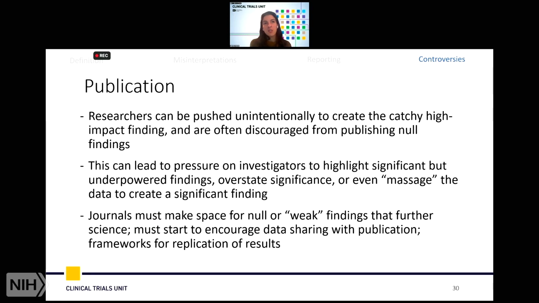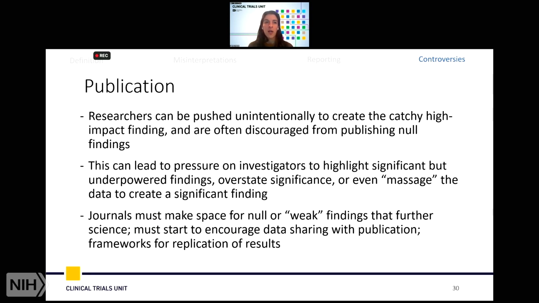Journals aren't going to make as much space for those papers. Not in all cases, obviously, there are some very high profile null papers out there, but it can be difficult to publish those things. But in fact, all of that, if you're going to be responsible about it, furthers research.